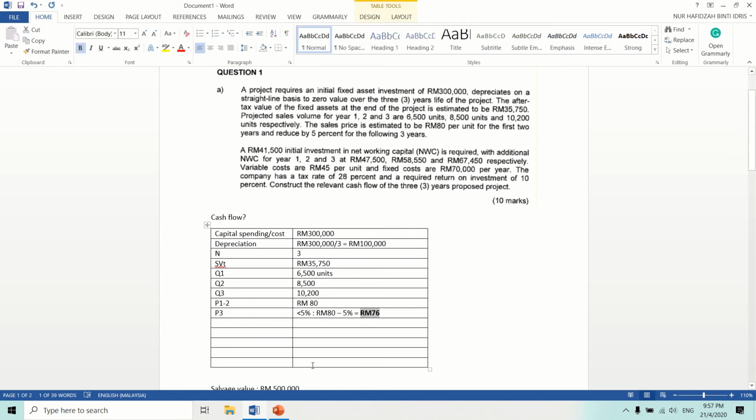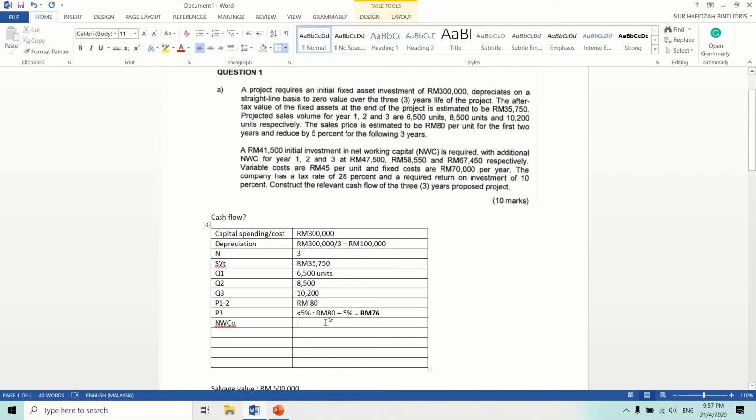The next information: a 41,500 initial investment in net working capital is required. So this is the initial net working capital, NWC0, required. That means this is cash required. The company needs to pay for the net working capital, so this is a cash outflow.